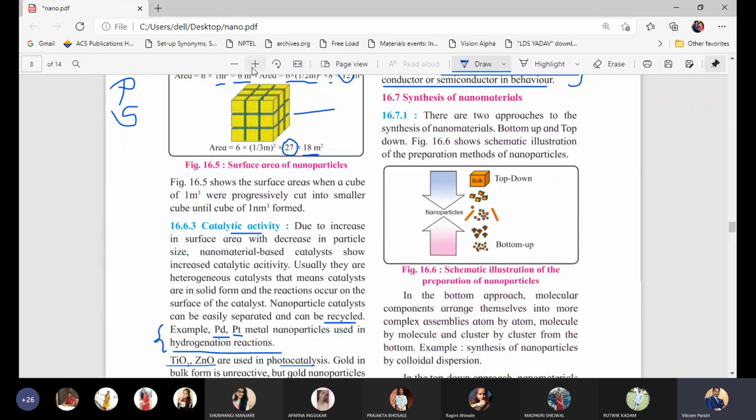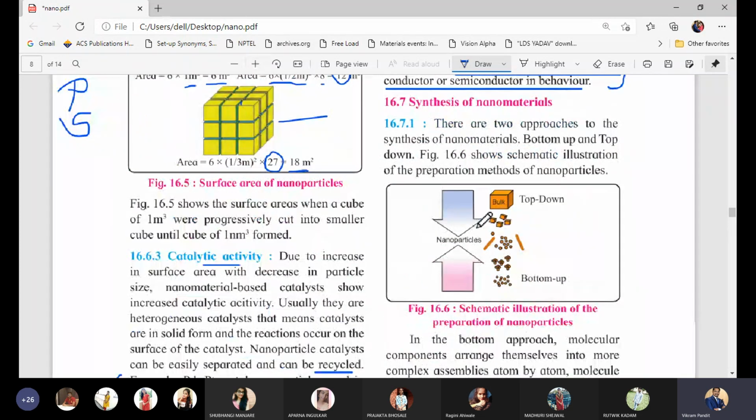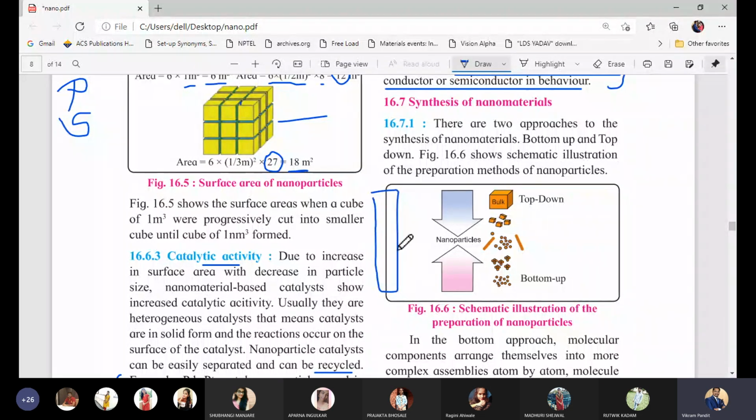This type of figure is there on the internet. You can just see these figures. So here there is a top and here there is a bottom. Okay, so let us consider there is a building present here. Whenever you want to go up, this type of approach is known as bottom up. You are going from bottom to up, right?